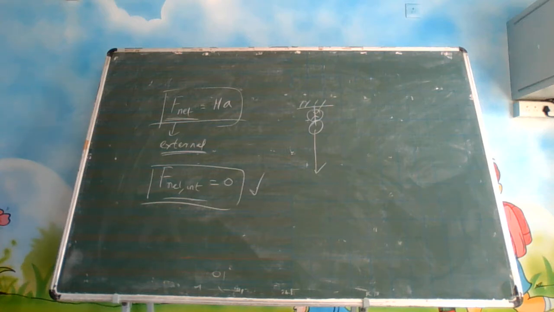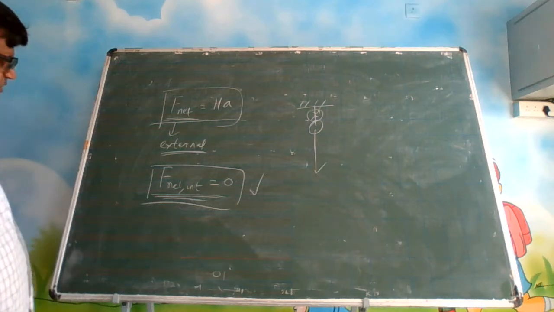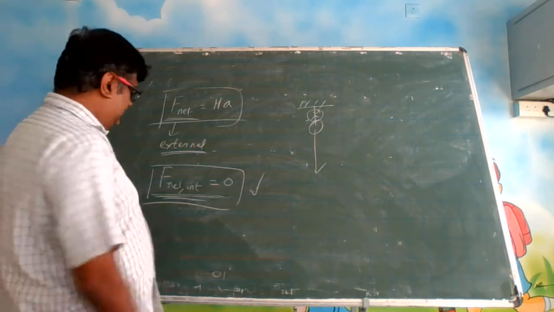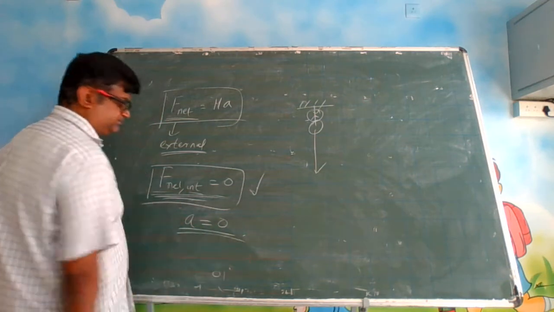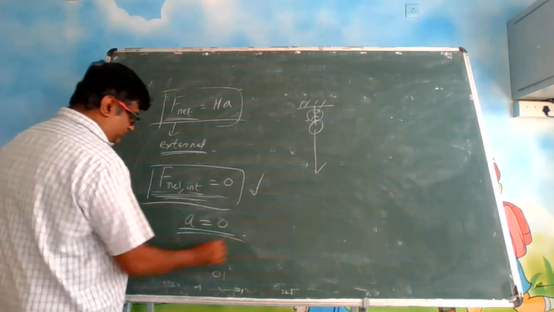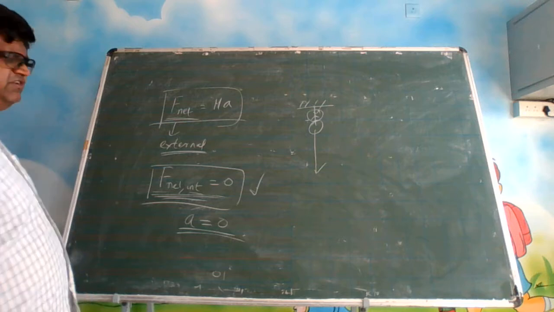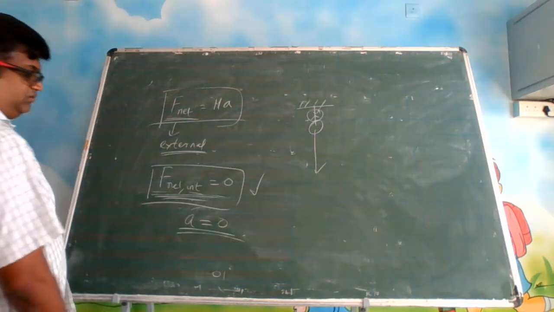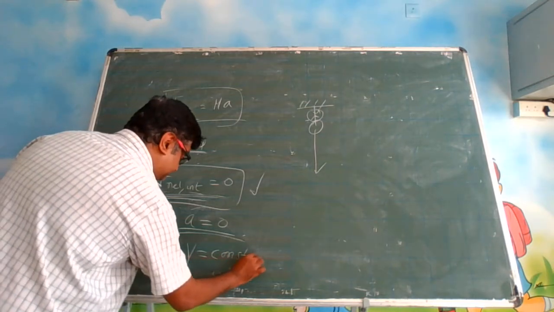Now, if I am saying F net is equal to 0, that means mass into acceleration is equal to 0. If this is 0, that means acceleration also equal to 0. Right? If F net internal is equal to 0, acceleration must be equal to 0, because how is force defined? Mass into acceleration. If acceleration is equal to 0, what is the meaning of that? That velocity is constant.